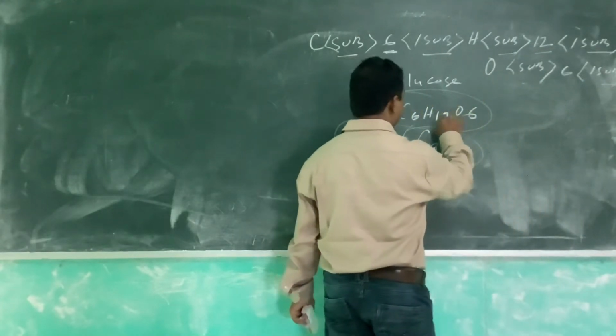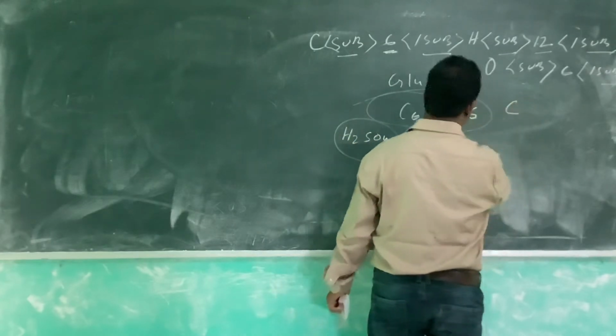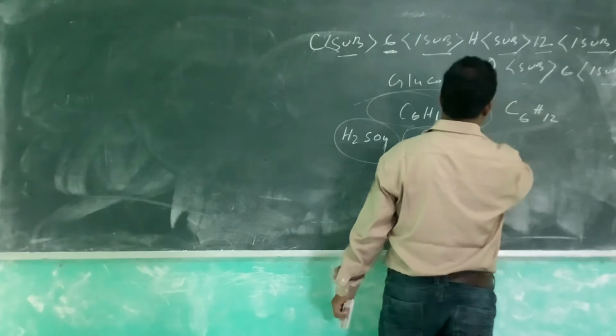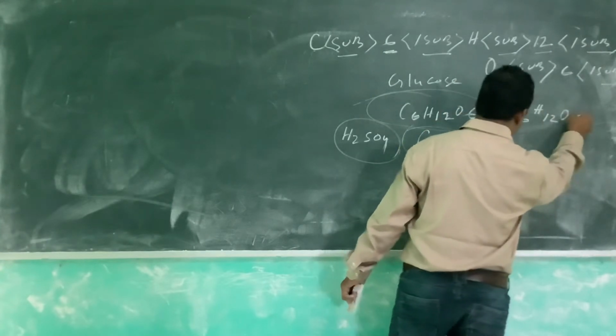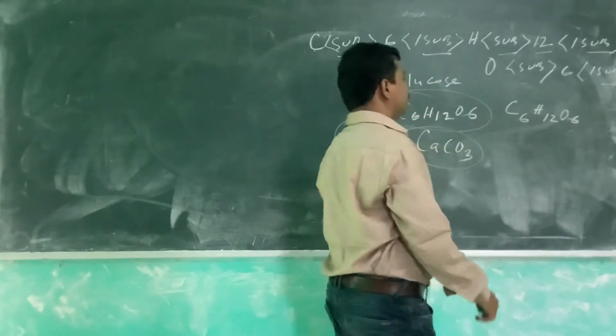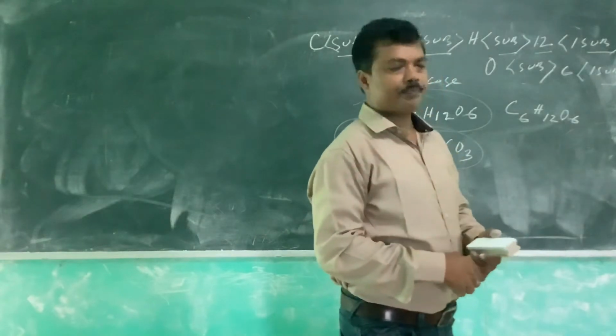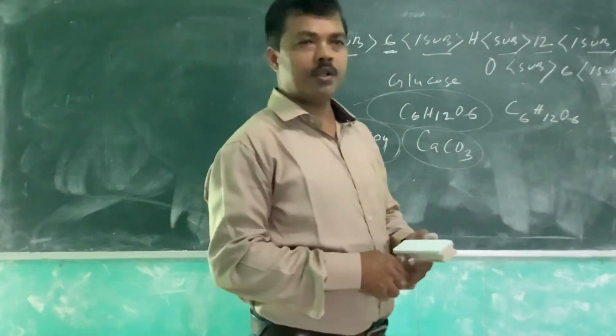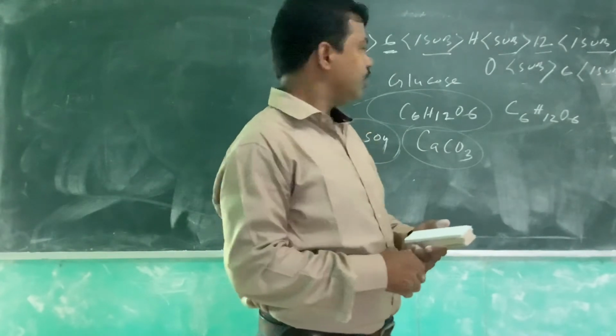Obviously the output will be C substituted value 6, H substituted value 12 and O substituted value 6. So the chemical formula of glucose you can see in your browser window.